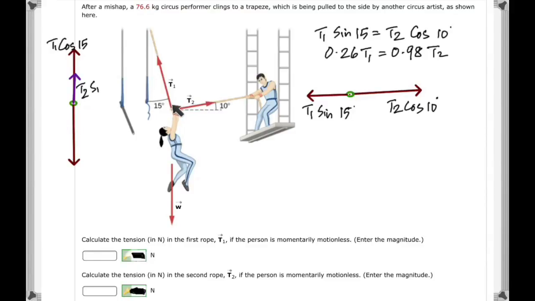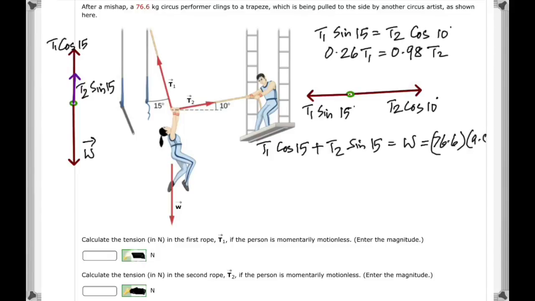So you have T1 cosine 15, and then you have T2 sine 15. So T1 cosine 15 plus T2 sine 15 is equal to the weight, which gives 750 newtons.